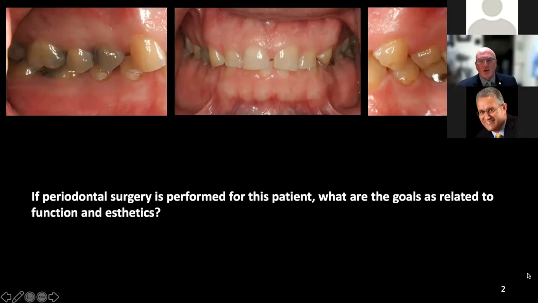Obviously, we want to, with periodontal surgery, in this case, probably crown lengthening of some type, to expose more tooth structure, to gain a better ratio between width and length of the teeth, give us more retention and resistance form for our preparations.